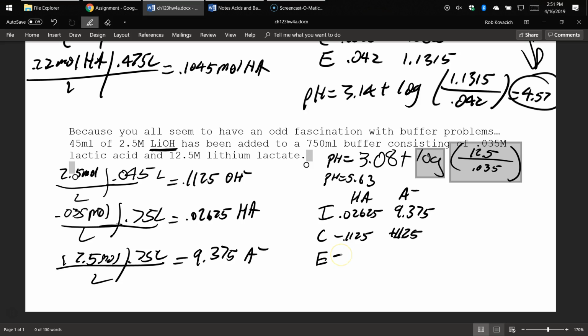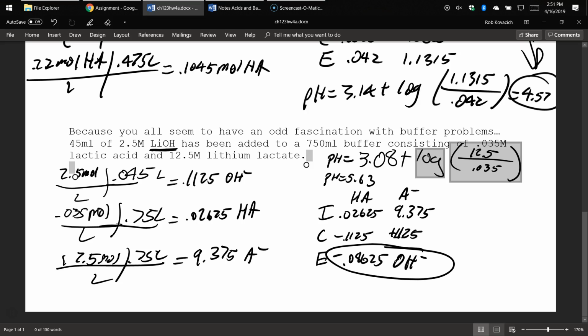All right, so what ends up happening is this becomes negative 0.08625, which means I've got that much hydroxide left in the container. So what did we do? I exceeded the buffering capacity of my buffer. So this thing isn't going to be buffered. So what happens is all of this weak acid gets used up with this. This much is left over of the hydroxide.